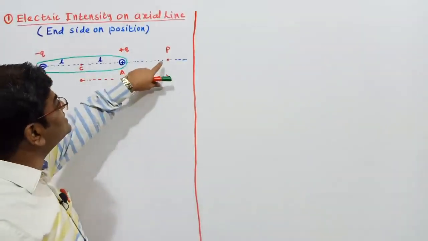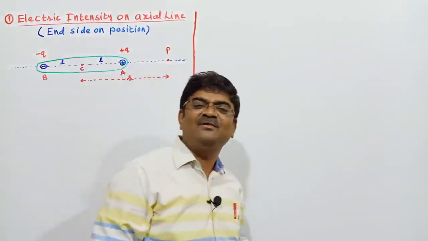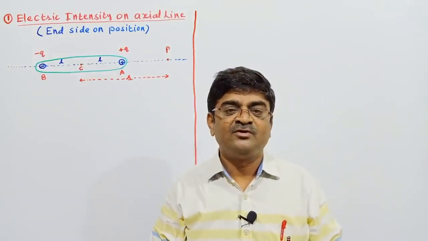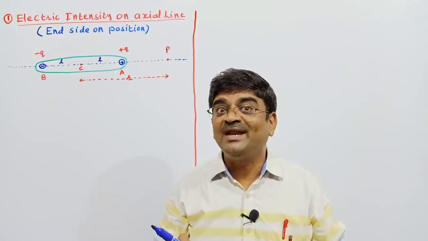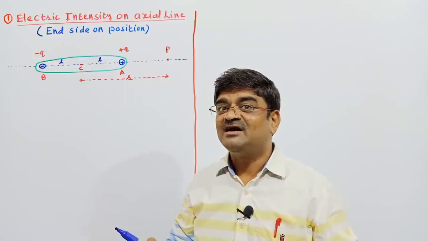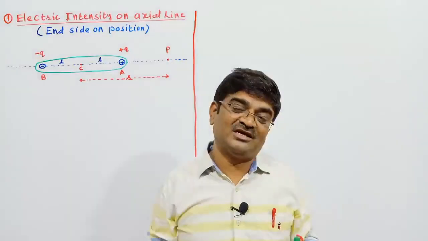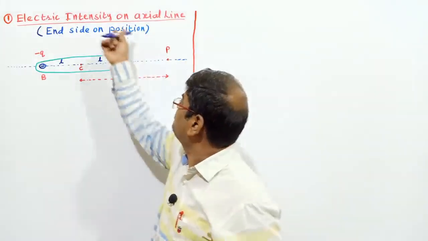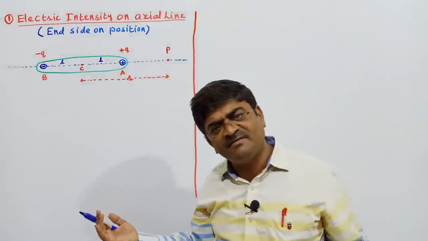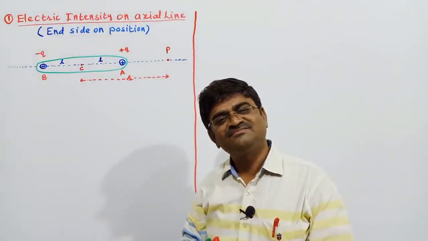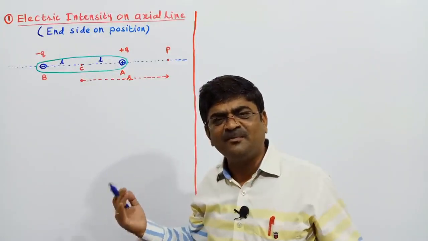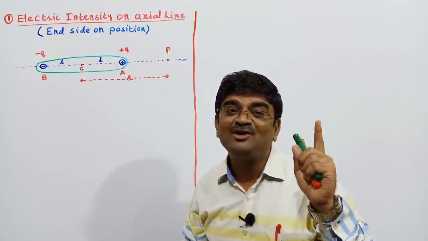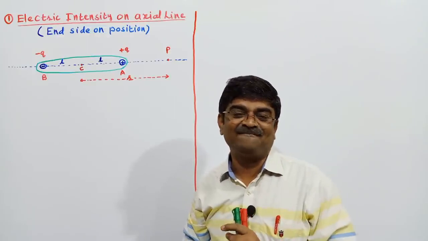Now my interest is calculating electric intensity at P. So in cases like this, first of all you should understand how many intensities are going to be at that particular location. As two charges are there, the field which I will have here will be contributed by two charges. The intensity at any point will be contributed by two charges. So I will be having two intensities there.